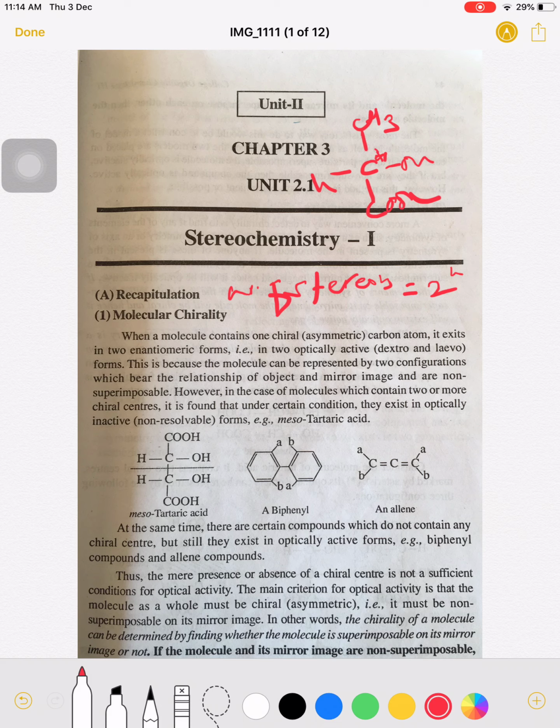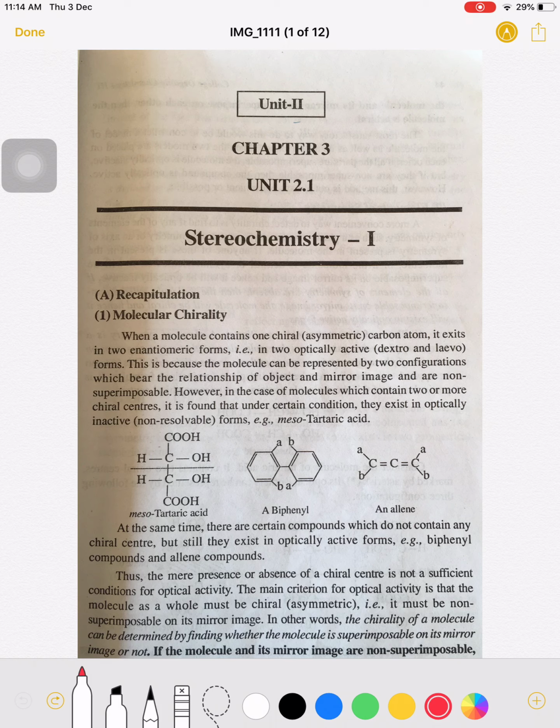So n is nothing but the number of chiral centers. Here there is only one chiral center in the molecule, so 2 raised to 1 is equal to 2. So the number of stereoisomers for this molecule is 2, one and its mirror image. By knowing the number of chiral centers in the molecule, we can easily say how many stereoisomers this molecule has.